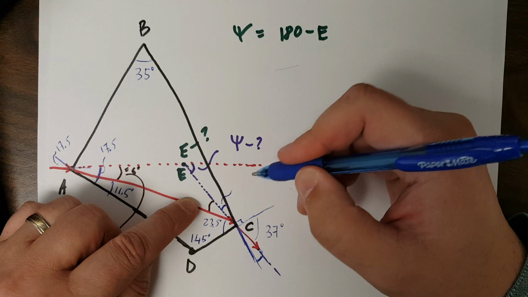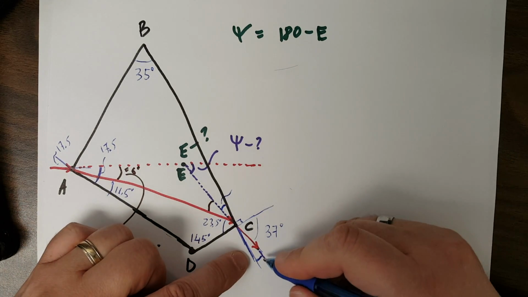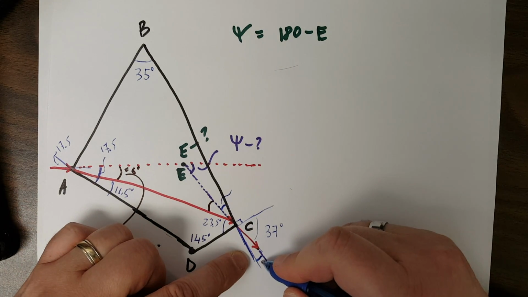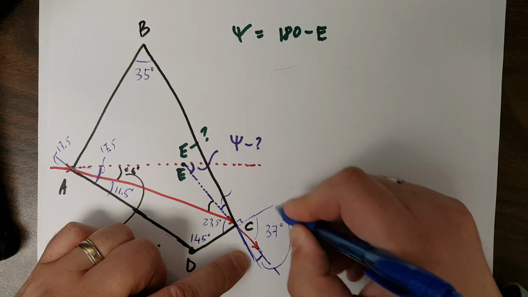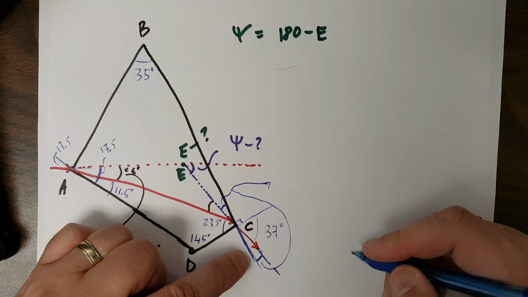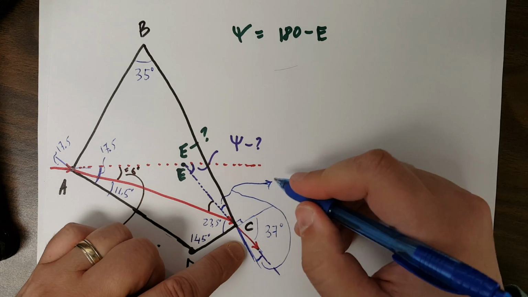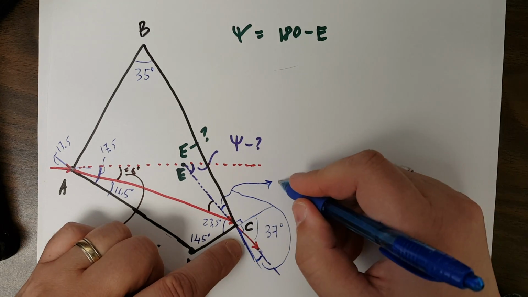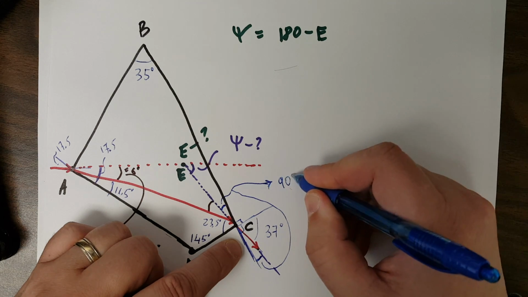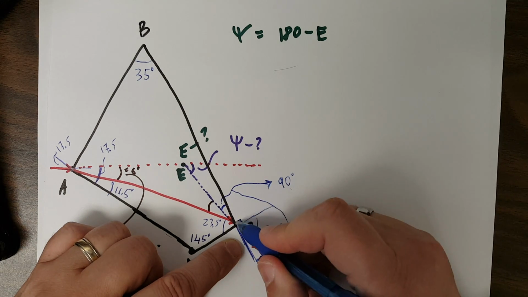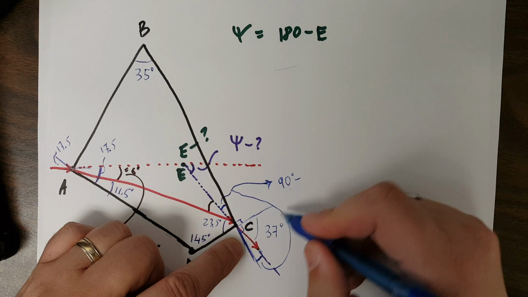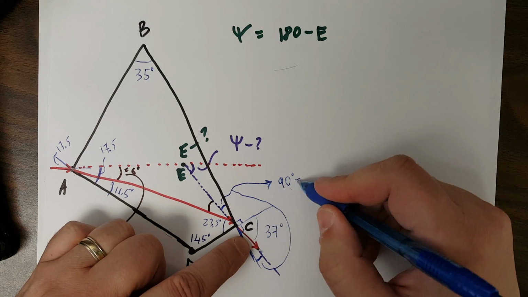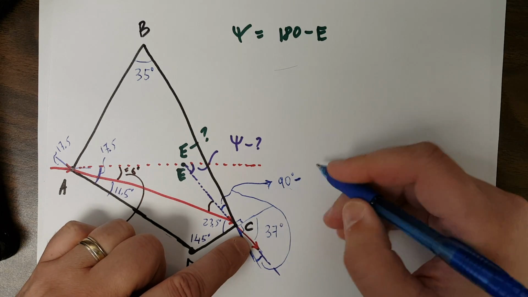So this small angle will be equal to this angle, and that's supposed to be equal to 90 degrees minus 37. 90, because this line is perpendicular to the surface, minus the angle of refraction.